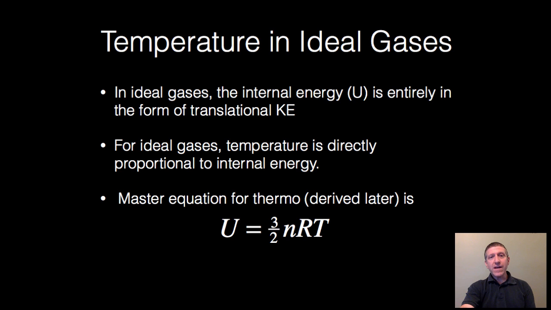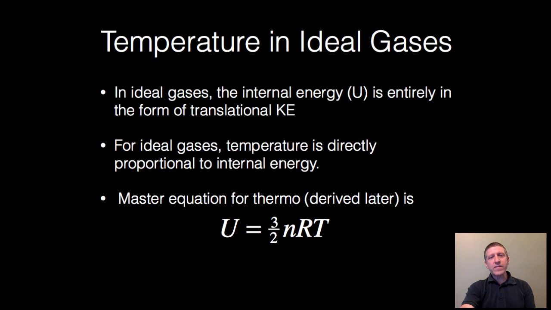So you can see that the internal energy is proportional to the temperature directly. You might also notice that it's proportional to the number of moles. If you have 2 moles, in other words, if n is 2, at the same temperature, it'll have double the internal energy, simply because it has double the kinetic energy. And R doesn't change. R is a universal constant, so that doesn't change ever.